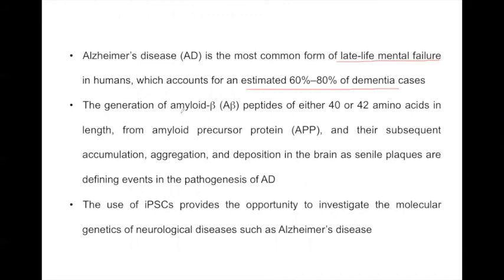The generation of amyloid beta peptides of either 40 or 42 amino acids from the APP, amyloid precursor protein, and their subsequent aggregation and deposition as senile plaques is one of the defining events in the pathogenesis of Alzheimer's disease. The use of these iPSCs provides the opportunity to investigate the molecular genetics of neurological diseases such as Alzheimer's disease.